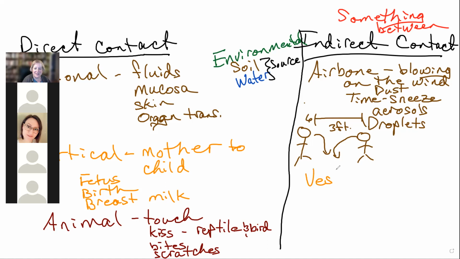Before we go into that, I can never spell this because it has an obnoxious C in it. Should be a K. Yes, Isaac, you have a question. Just using Mitchell as an example, if I sneeze in Mitchell's face point blank, that's direct contact.